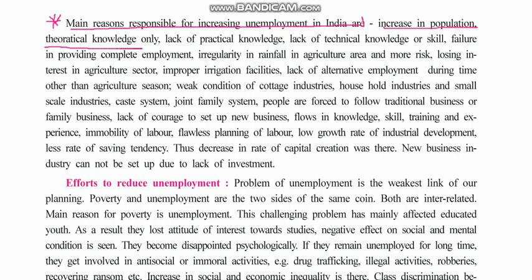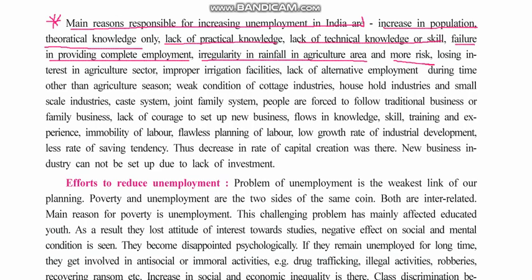Theoretical knowledge: most of them have only bookish knowledge and no practical knowledge. Lack of practical knowledge, lack of technical knowledge or skills, failure in providing competent employment. Irregularity of rain in the agriculture area: a lot of people are connected with agriculture, and with insufficient or irregular rain, agriculture employment also fails.